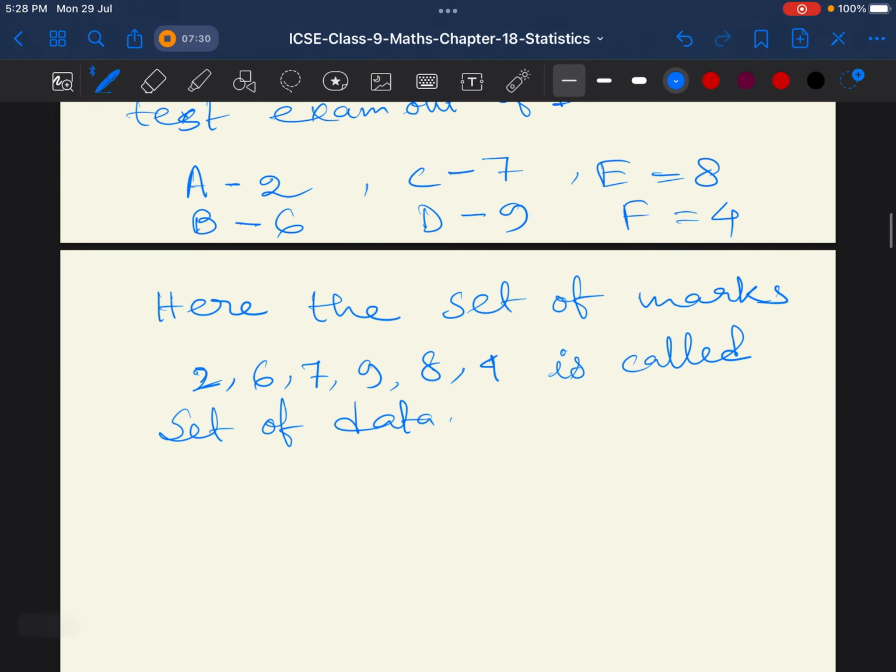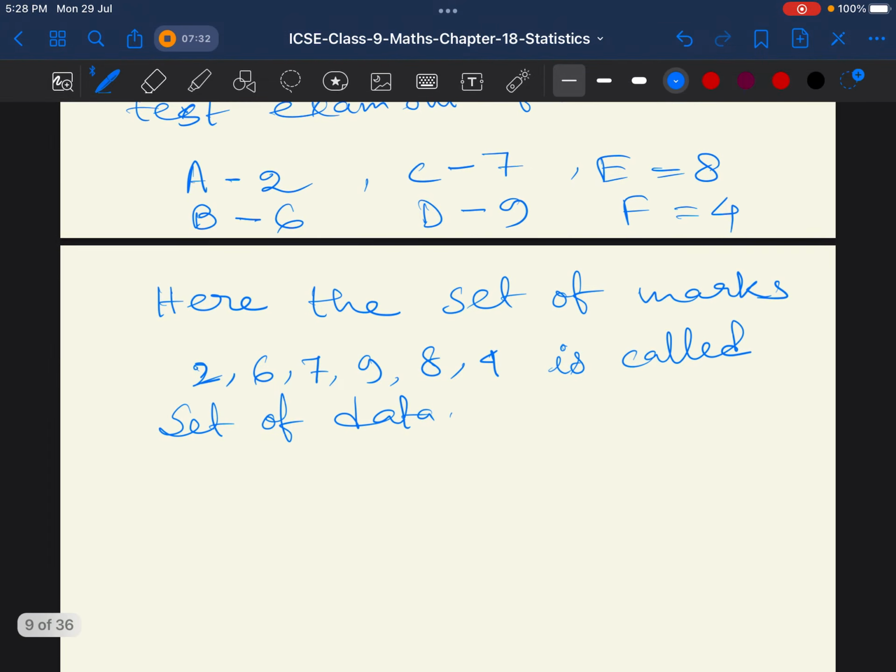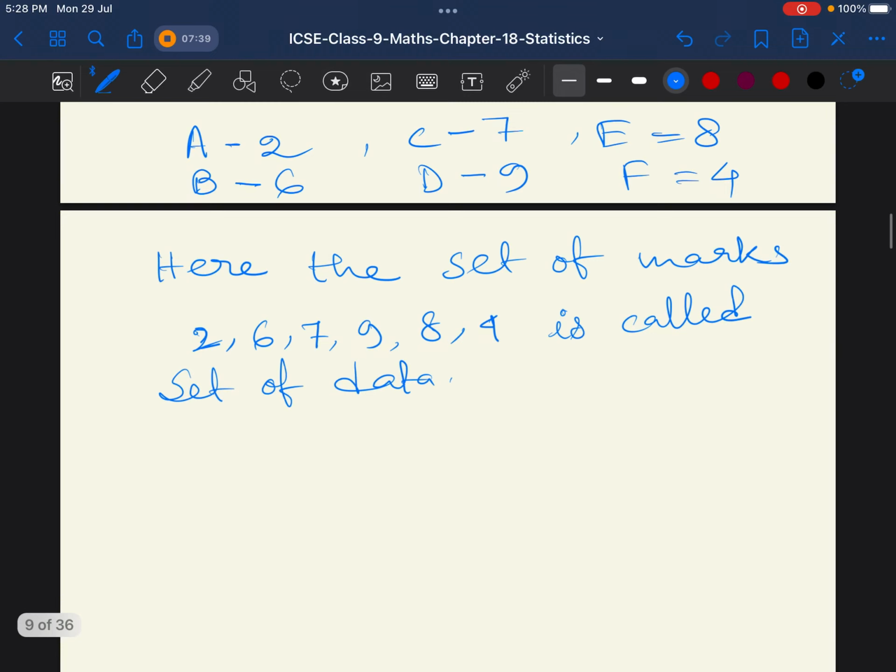So what is data? A set of collected numerical facts is called a set of data. Here the set of collected numerical facts 2, 6, 7, 9, 8, 4, this is the set. So it is called data.